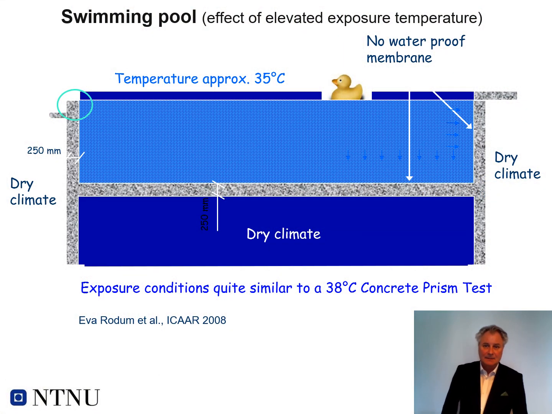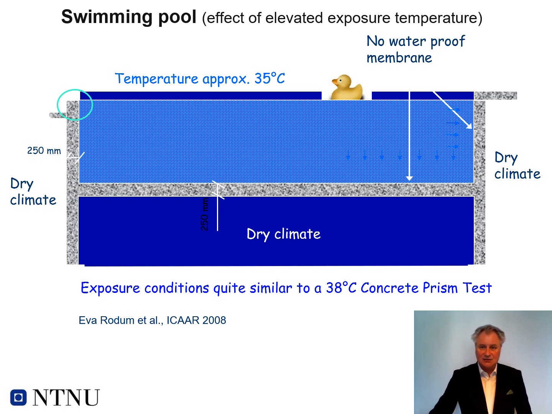Another interesting example in Norway was a swimming pool. This was a swimming pool in a spa section in a hotel, and the temperature in the water and in the air was around 35 degrees, which is a very good condition which will accelerate alkali aggregate reactions.